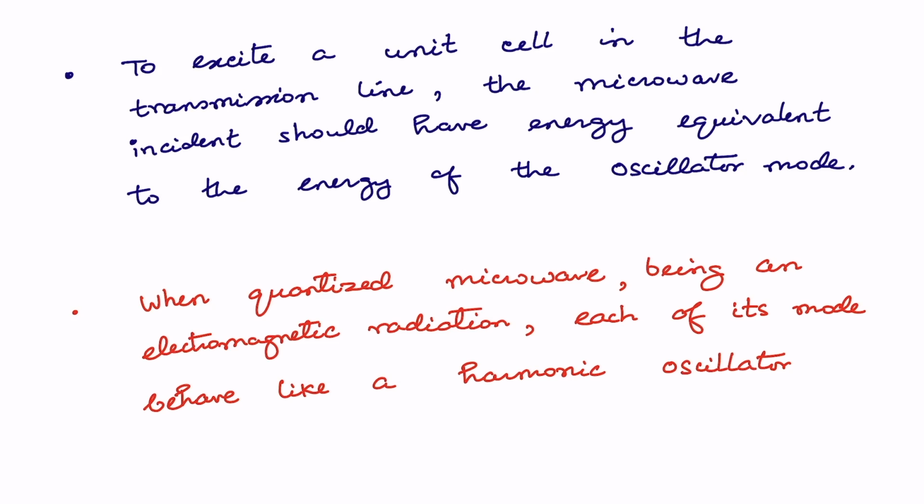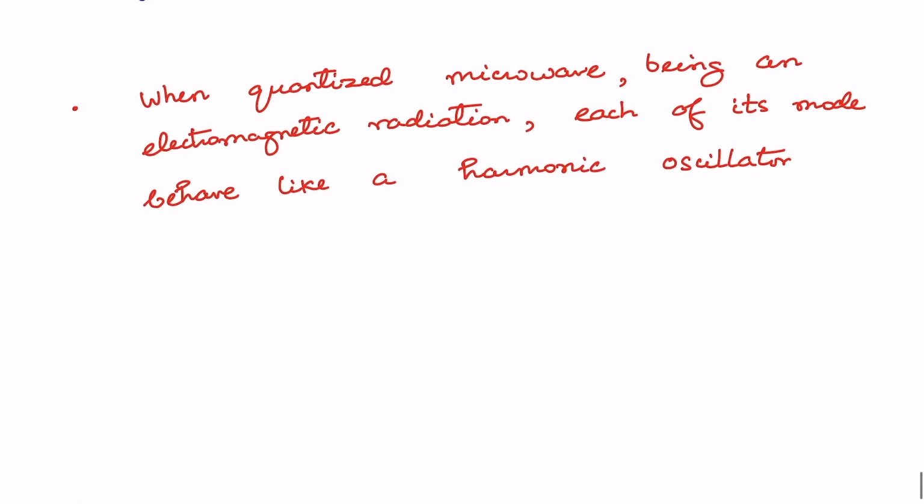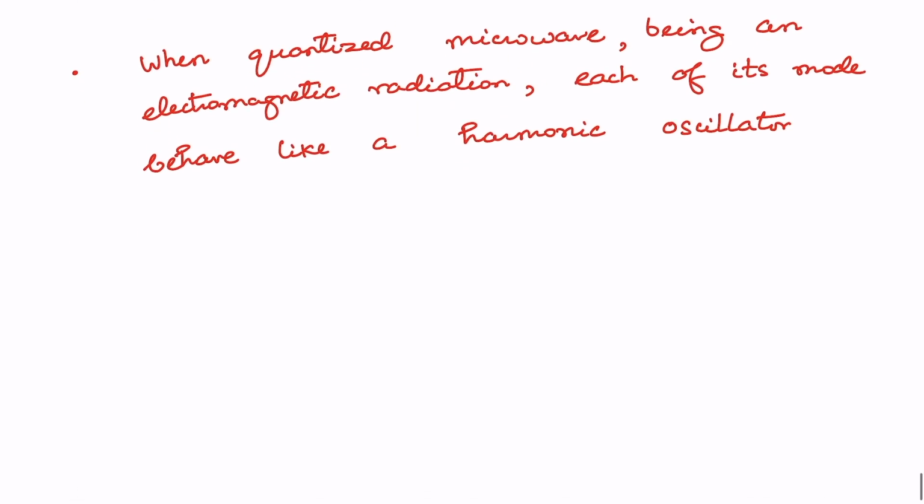Now, as I have already shown you that each unit of the transmission line is a harmonic oscillator, we can actually write down the Hamiltonian for a quantized transmission line without going into any details. Let me write it.